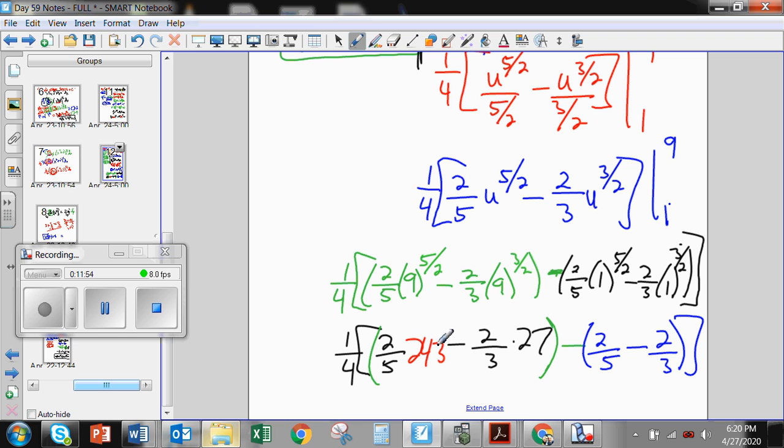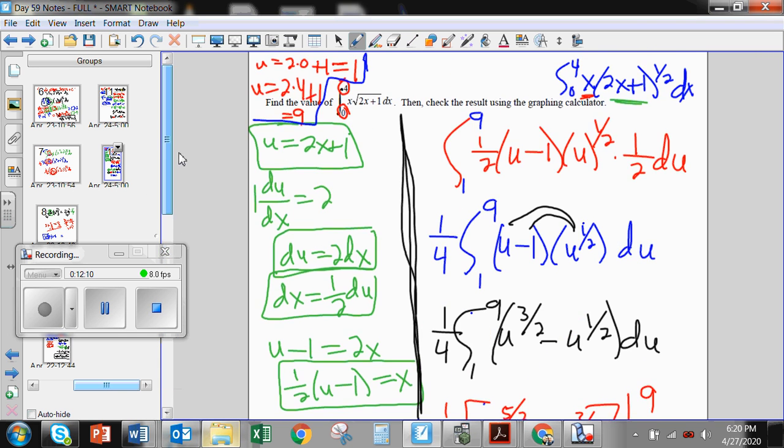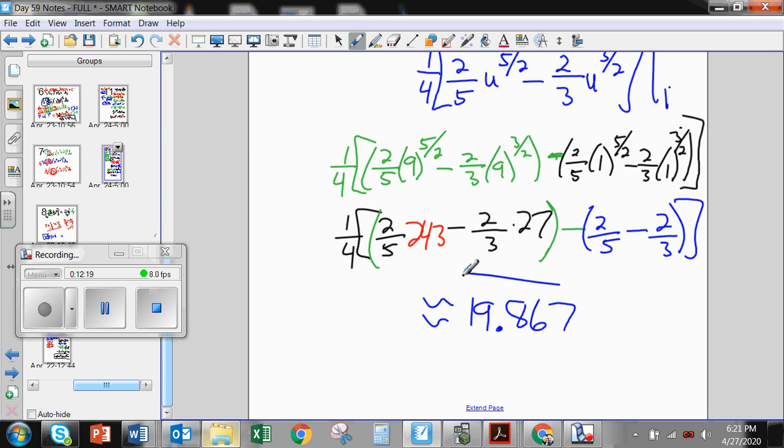Okay, and when I do all this out, we should get an answer of 19.867. And I'm just going to do this on the calculator just to show that we can verify that the integral from 0 to 4 of x square root of 2x plus 1 dx gets us this 19.867.